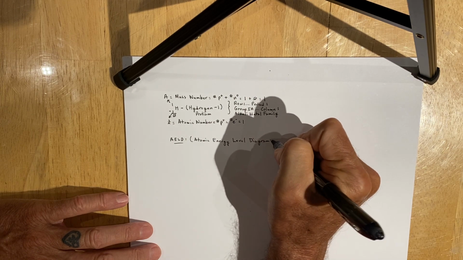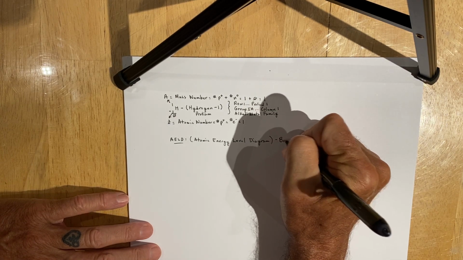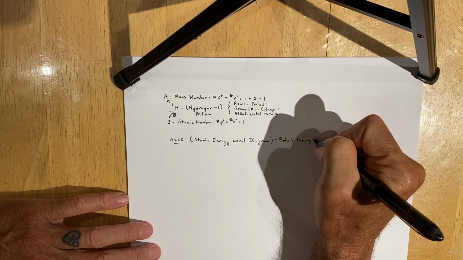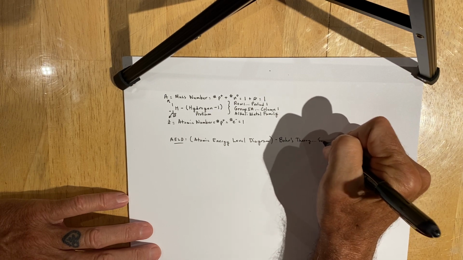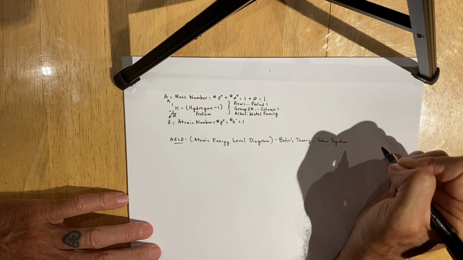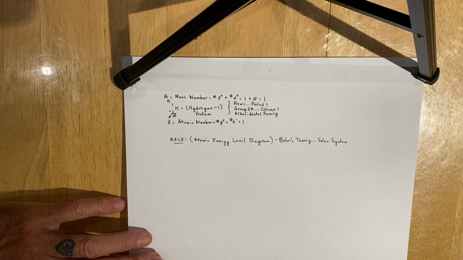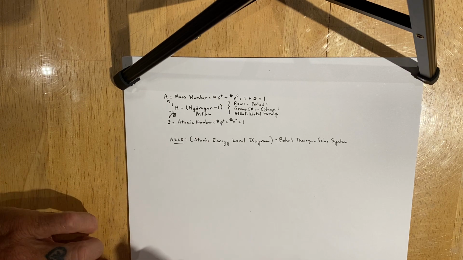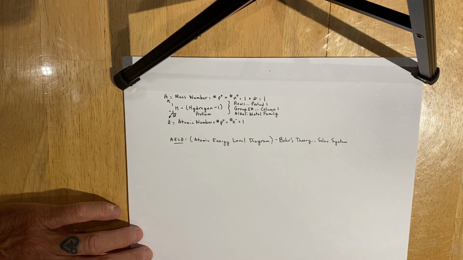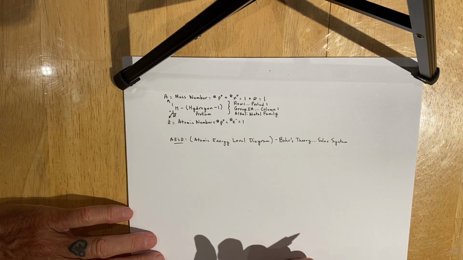And that diagram is drawn according to Bohr's theory of the atom, which is also the solar system model, which analogizes the atom to the solar system in that the nucleus is viewed as being the center of the atom, just like the sun is viewed as being the center of the solar system, and the electrons that orbit the atom are analogized to planets that orbit the sun.